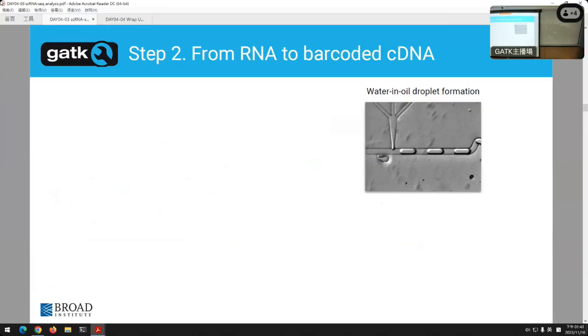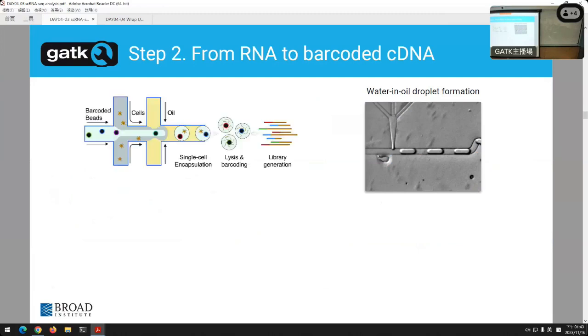And so they're all separate now, floating around, and they can push through the process. They try to push single cells into each one of those water droplets, along with a specialized bead. So they push a bead and a single cell into each of those water droplets.